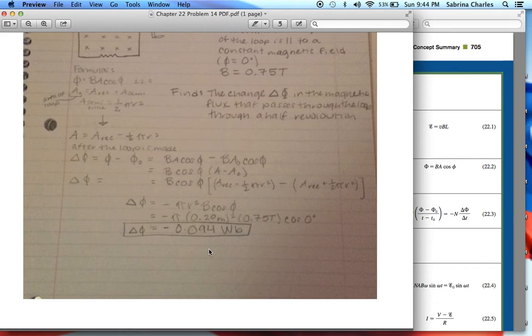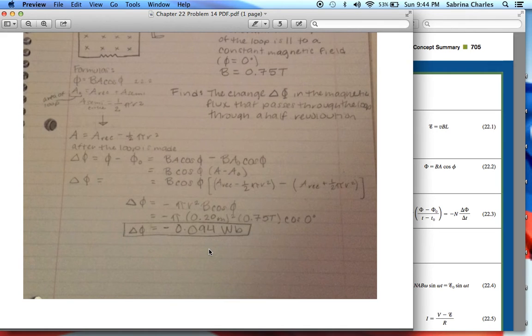So we have negative pi times 0.20 meters squared. Don't forget to square the radius. Times 0.75 Tesla, and then cosine 0.